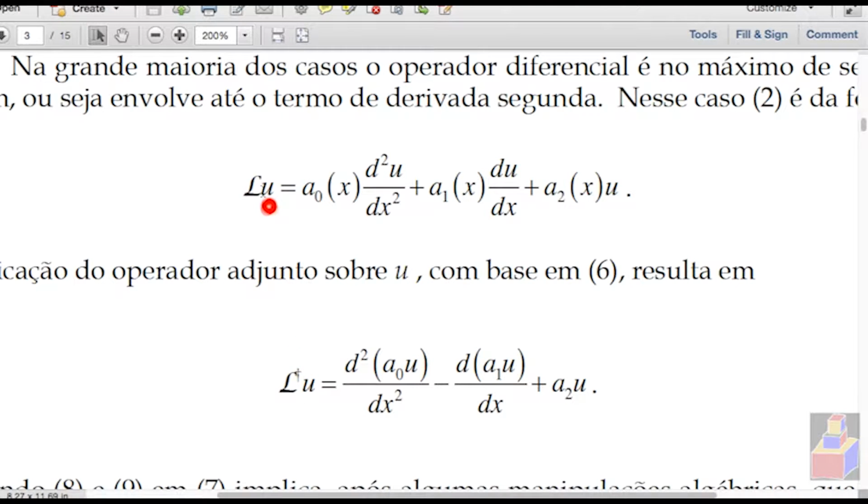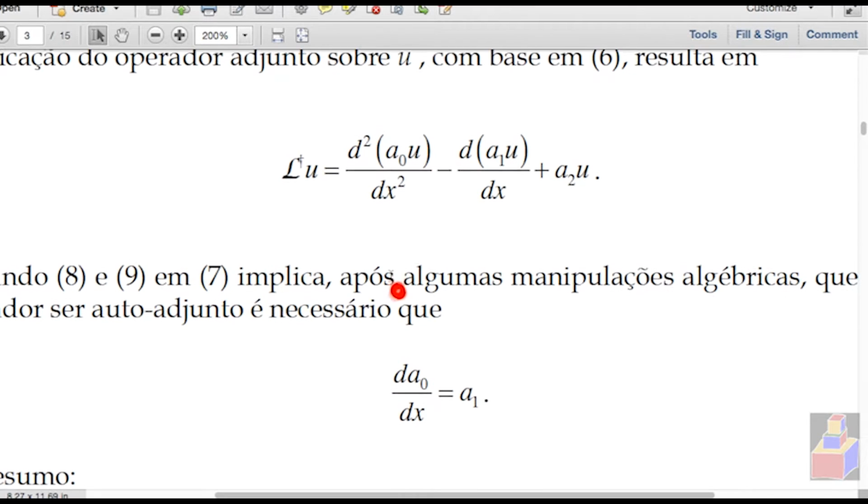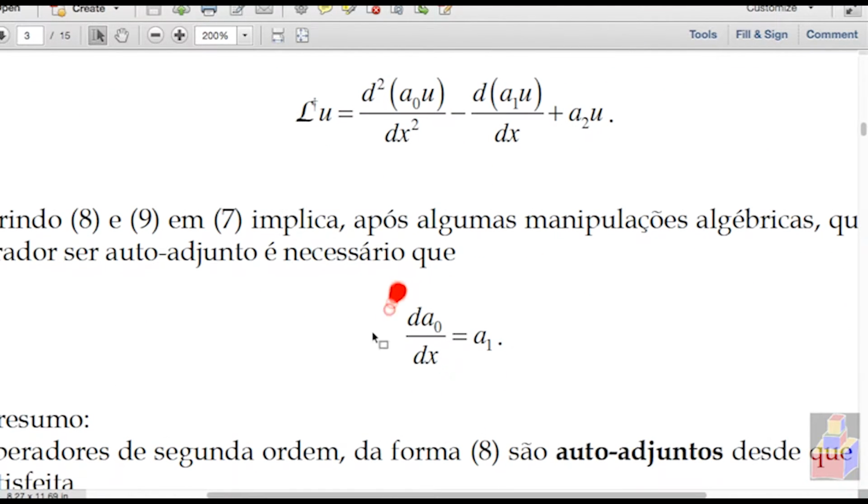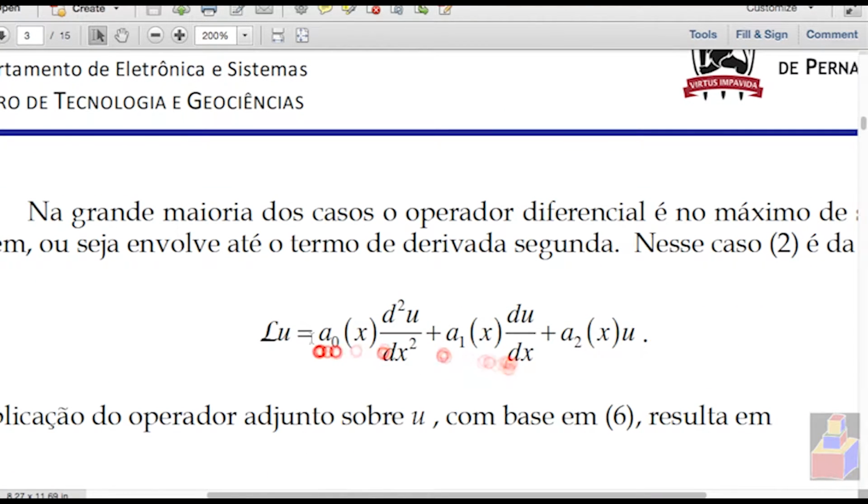The condition for the operator to be self-adjoint is that those two things are equal. And if you go through the algebra, some manipulation, you can show that this can be satisfied if the derivative of the first coefficient is equal to the second one. Okay? So every operator written like this, such that the first term has a derivative equal to the second one, is self-adjoint.